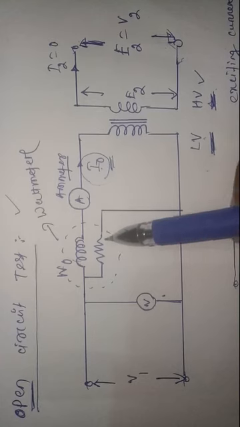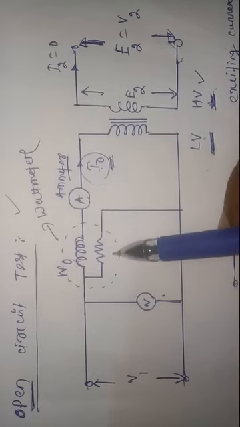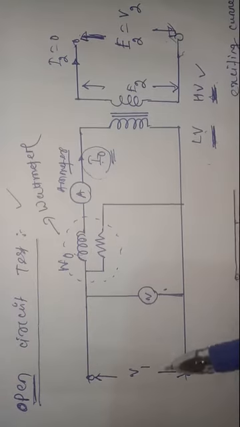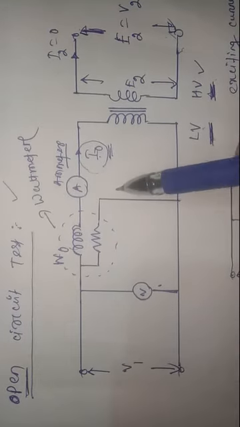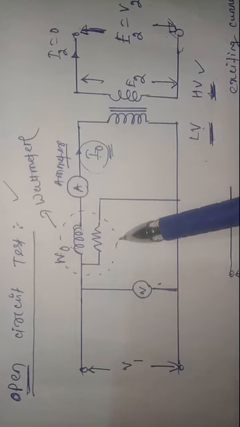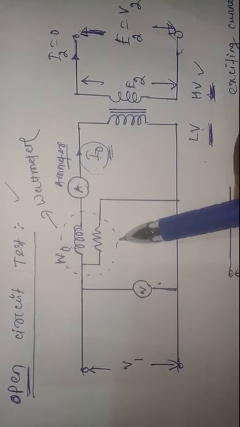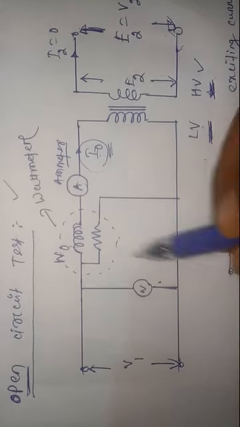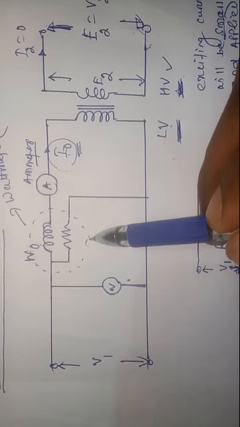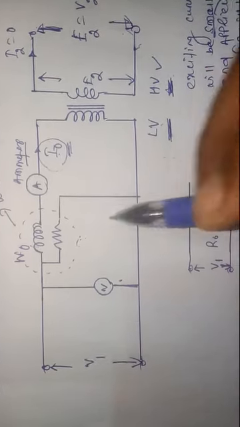So the wattmeter records the iron loss because we have applied the full voltage here, as well as a very small amount of copper loss on the primary side.